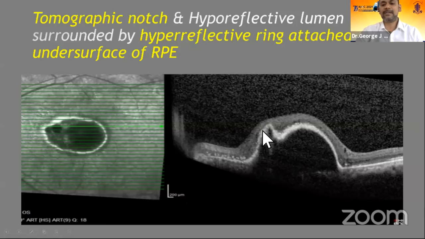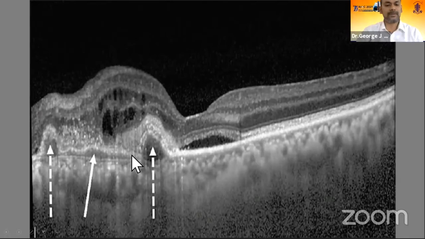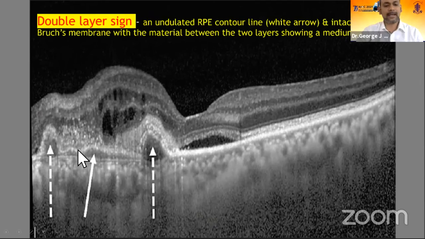The other typical features are a notched PED with a polyp on the undersurface of the RPE, a sharp peaked PED or a thumb-like PED, or a double layer sign harboring the branching vascular network between the separated Bruch's and the RPE.